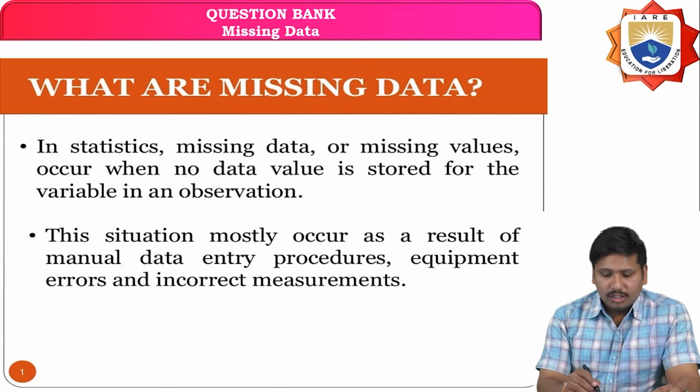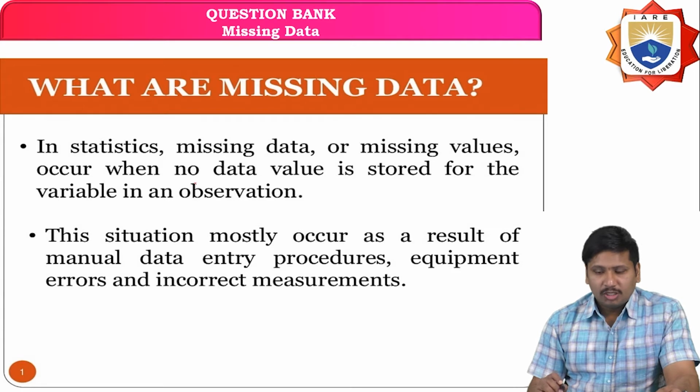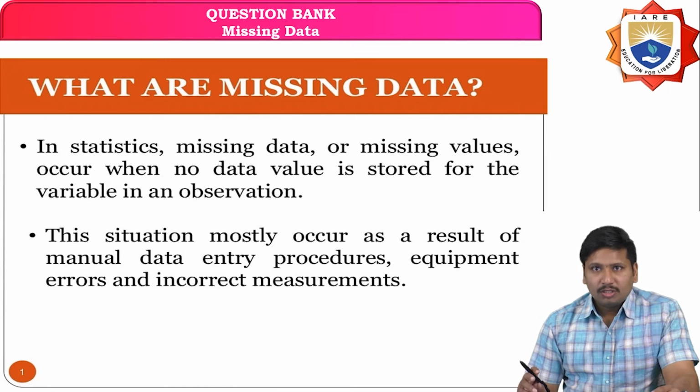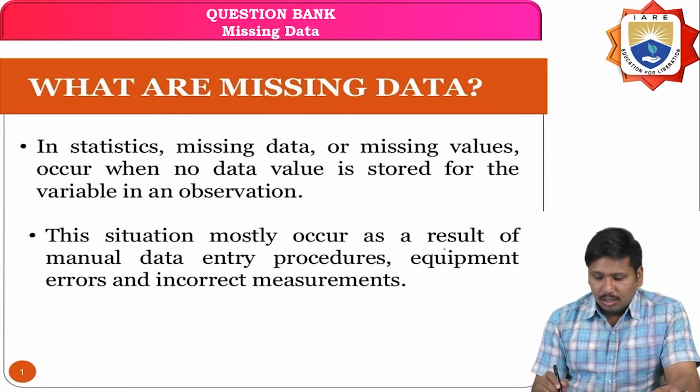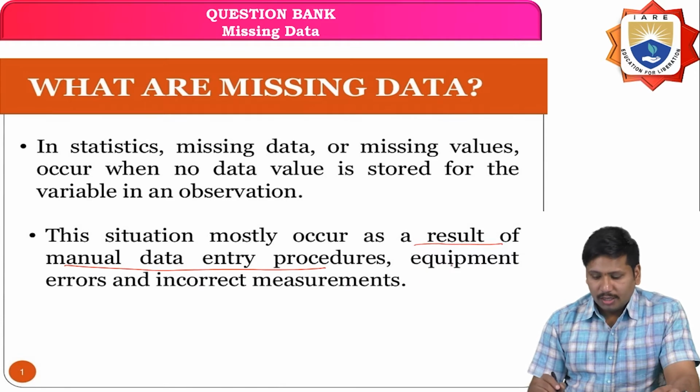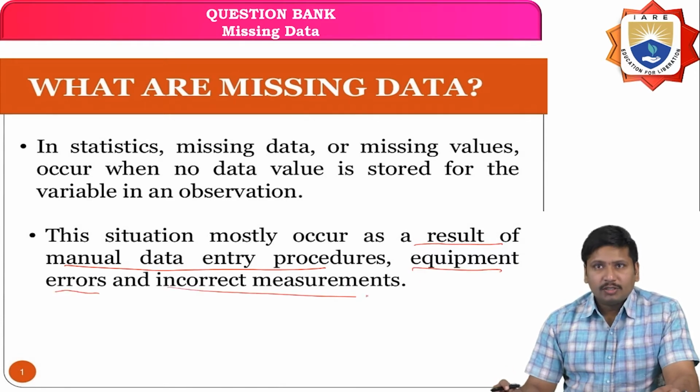So there may be a chance of entering no data, or sometimes it is missing while taking the observations. These are some of the ways in which missing data can occur.